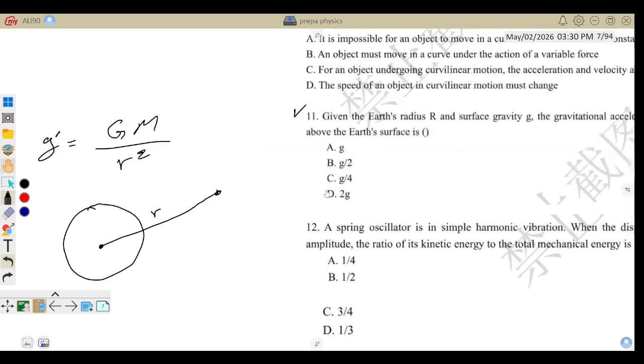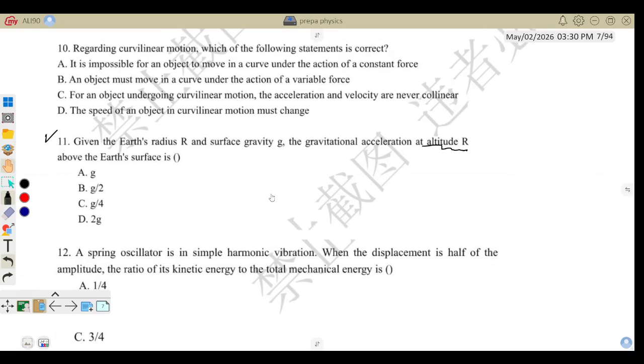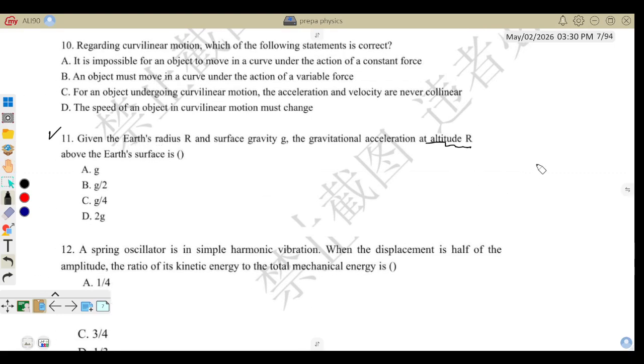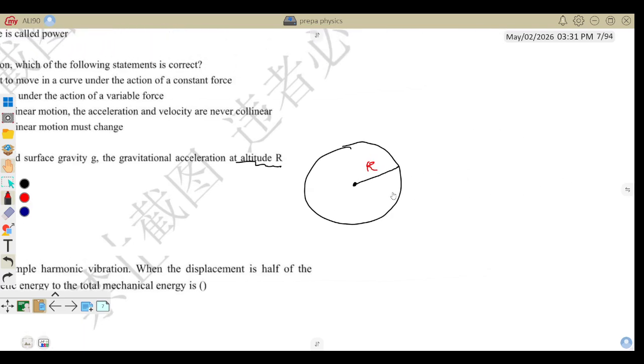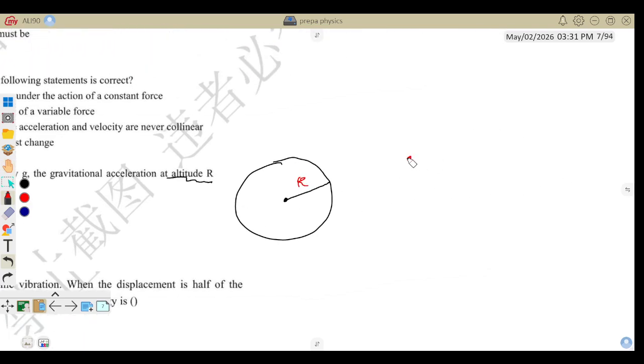So in our case here, what do we have? The Earth has the radius of R, it's just like from here to here. This is our R. And the new g that we are calculating is somewhere here with this distance, which is another R. That means double the radius.